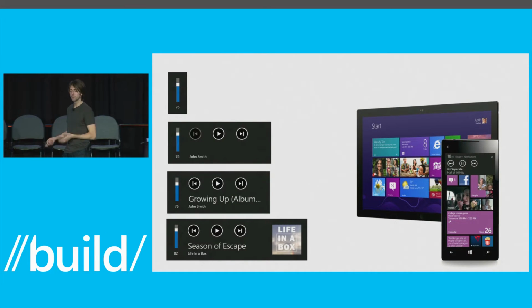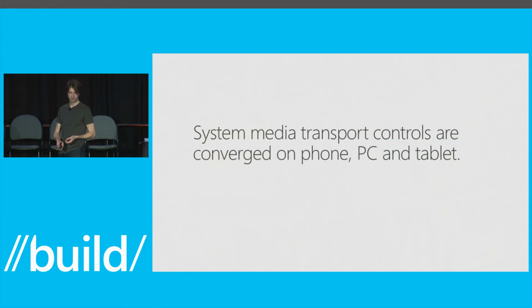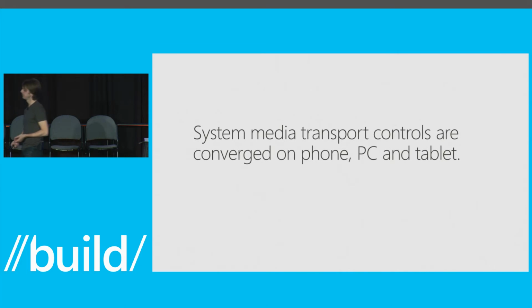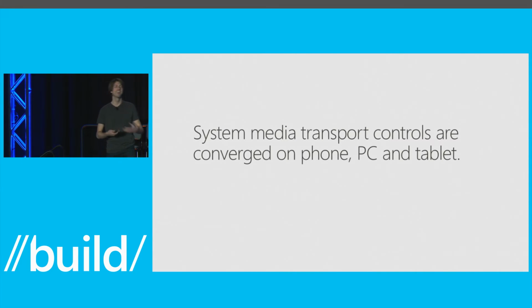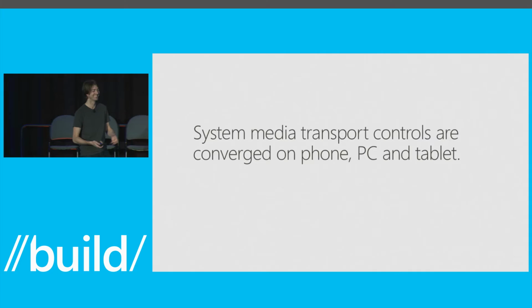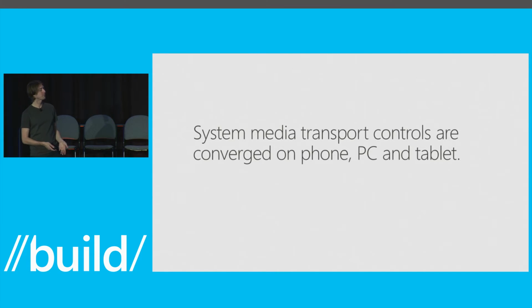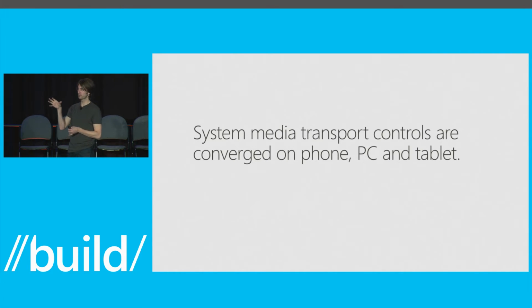Again, my slides are out of order, so now I'll speak to what's on the slides. While the background audio model isn't converged, the system media transport controls are converged. So you'd use the same code in order to specify what metadata shows up when you press the volume key and you see the shell show you a system set of buttons for controlling the media that's playing over the lock screen, for example.